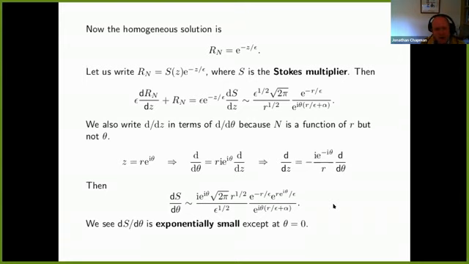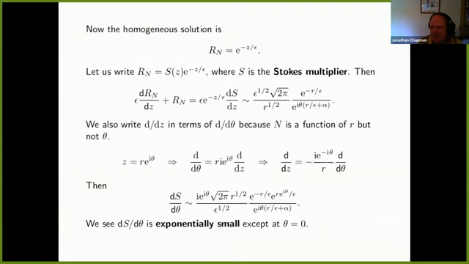And the real part of e to the i theta is less than 1 unless theta is 0. So if theta is non-zero, this term is exponentially small. But if theta is exactly 0, these two terms cancel here. And then you find that actually ds by d theta is not small, it's large because I've got a 1 over epsilon to the half out the front. So I have this situation where the derivative of the Stokes multiplier is exponentially small except where theta is 0.